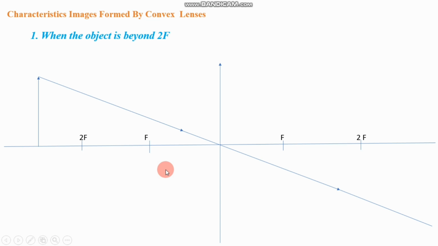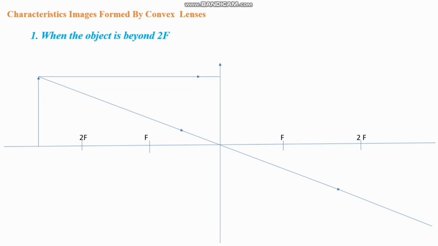One ray cannot help us locate the image, so we use another ray. For this case, we are going to use a ray that is parallel to the principal axis, and we said earlier that this ray is refracted through the principal focus.